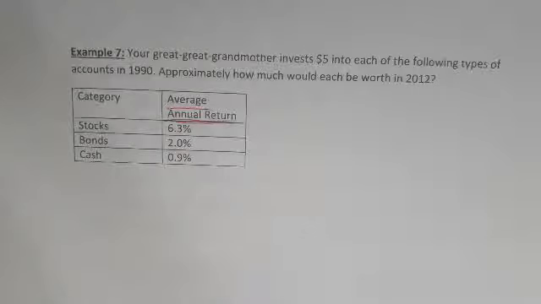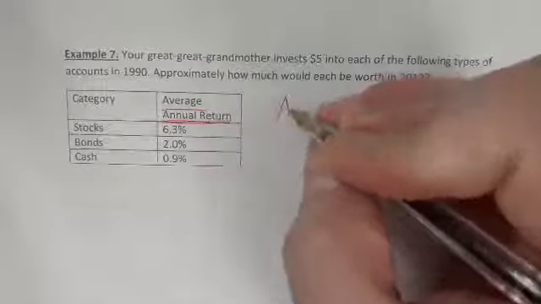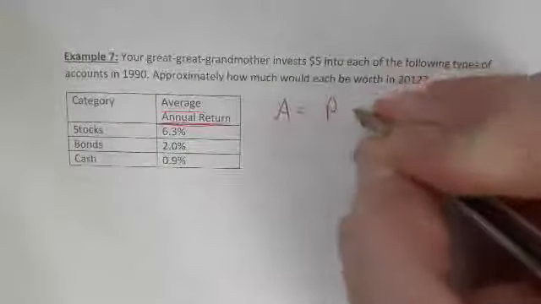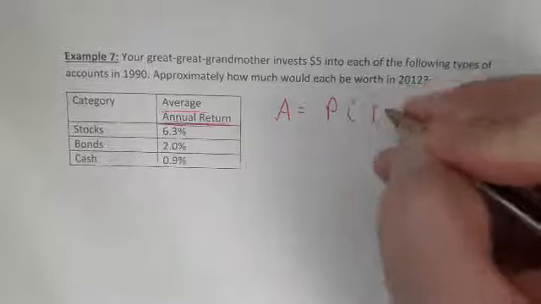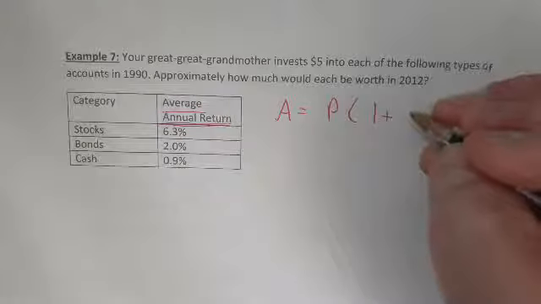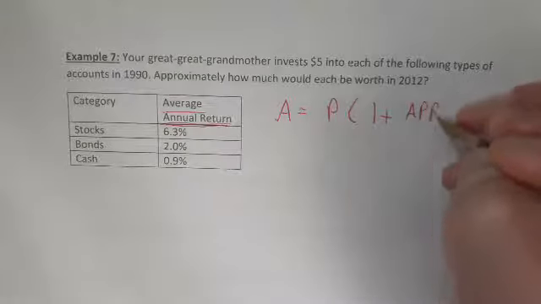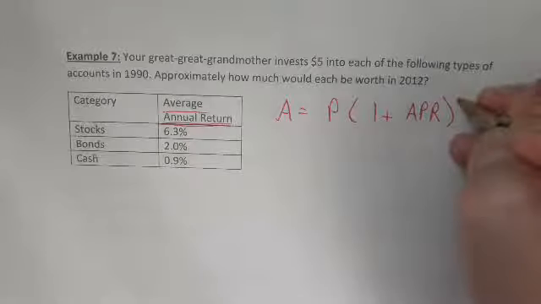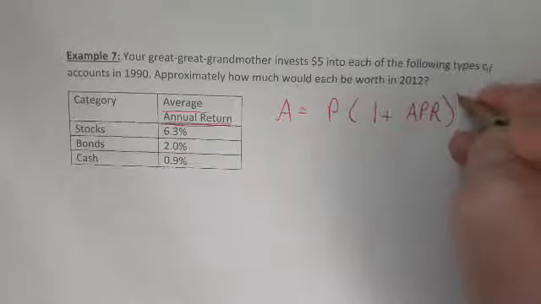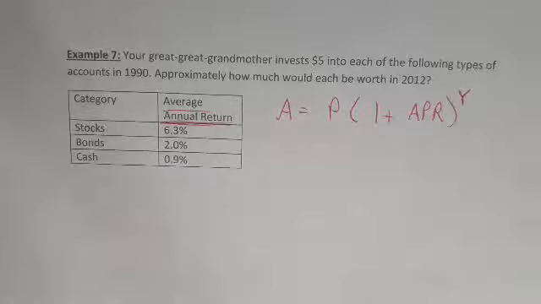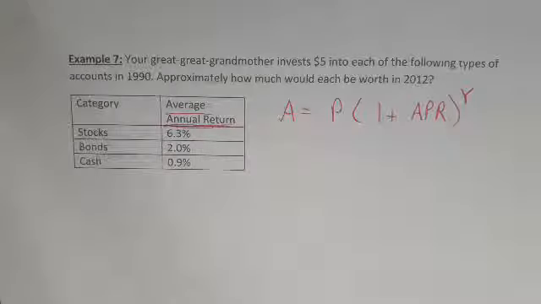So if I'm doing an annual return, that is the thing that looks like the APR formula, compounding to the number of years. I know my principal is the $5, and I know my APR from this column that they're giving me.